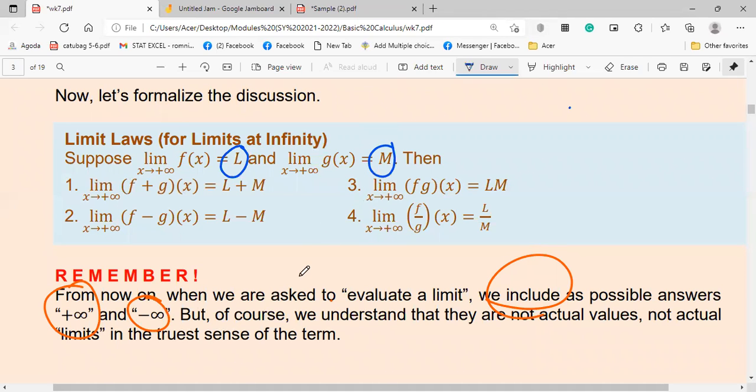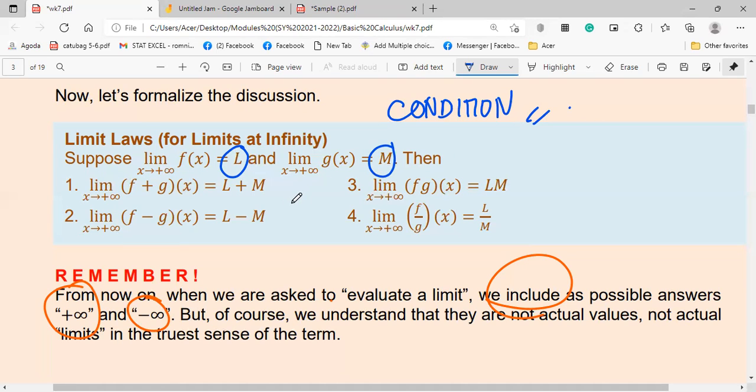Kapag nagme-memorize kayo, nagmamaster kayo ng mga rules, always remember this: lahat ng rules ay conditional statements. They always set conditions before it is proven to be true. Conditions must be there. Okay?